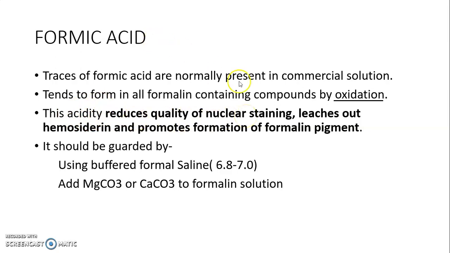And this formic acid further leaches out the hemosiderin and promotes formation of formalin pigment. It should be guarded against by using buffered formal saline with pH 6.8 to 7, or by adding magnesium carbonate and calcium carbonate to the formalin solution.